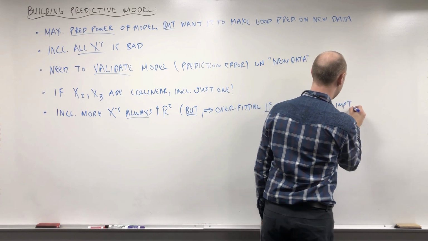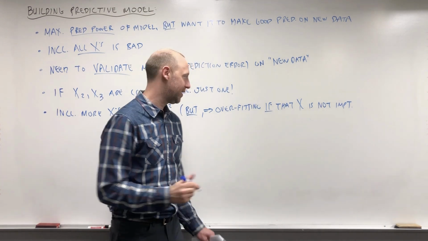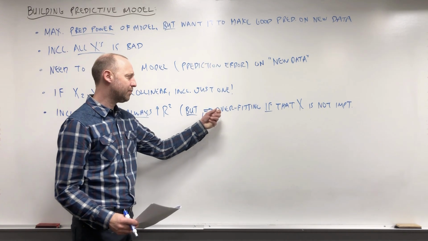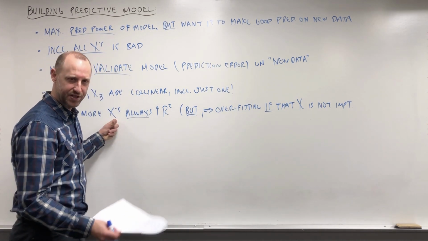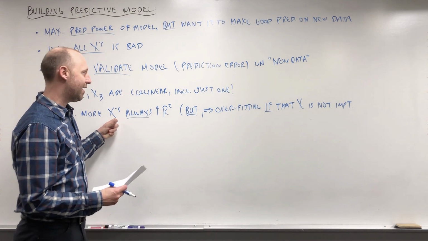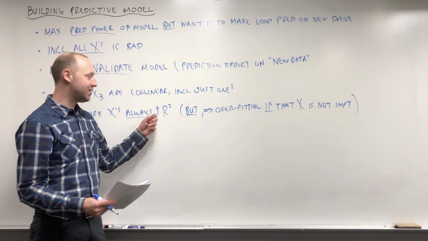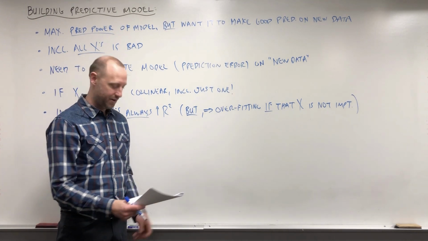What I mean by not important is if it's not related to the outcome or its association is so weak, what it's going to do is just introduce bias. The model is going to be overfit. It's going to be using that variable to make predictions and increase its predictive power. But if that variable is actually not important, when we get a new set of data, it's still going to use the info from that x variable to make a prediction when it shouldn't really be using that. It's not an important variable.